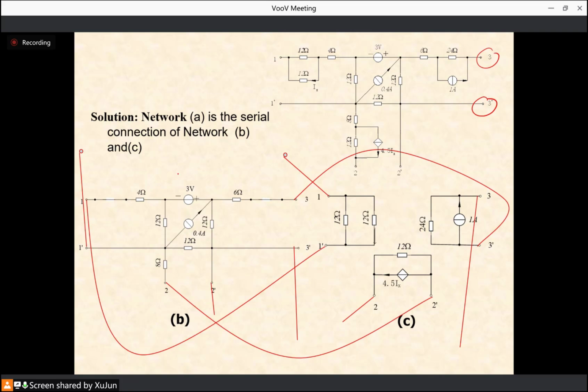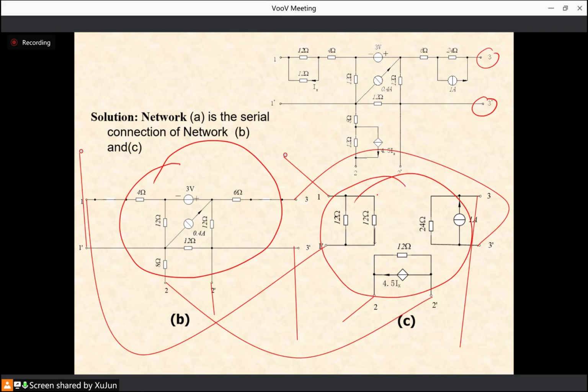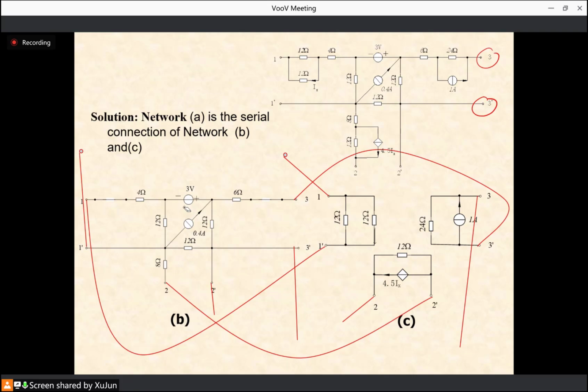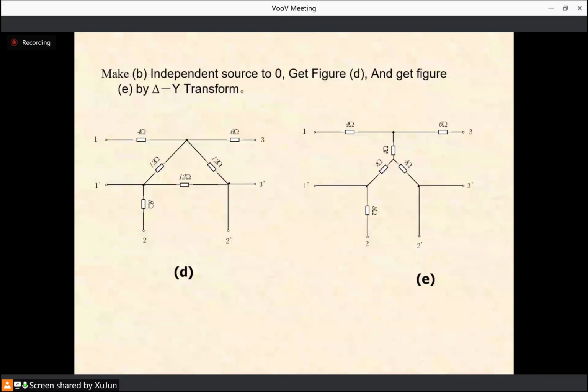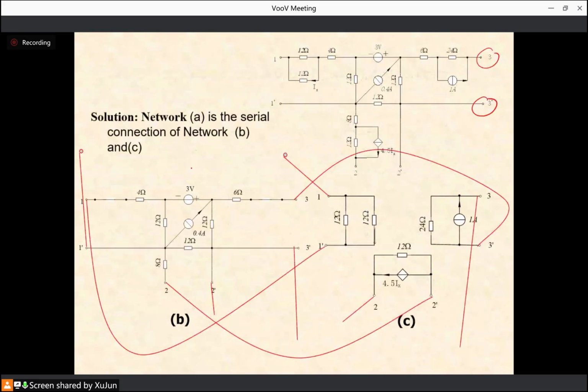By this method, we can make this network and this network simple. So we can calculate port 1, this port and this port independently. At first, calculate this network.